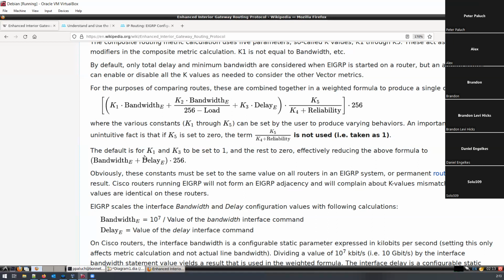And for certain reasons that are more engineering or technical rather than any science behind it, the whole formula is multiplied by 256. So this is what happens by default. We take the bandwidth into account and we take the delay into account, multiplied by 256, and this produces a total number that's called the composite metric.